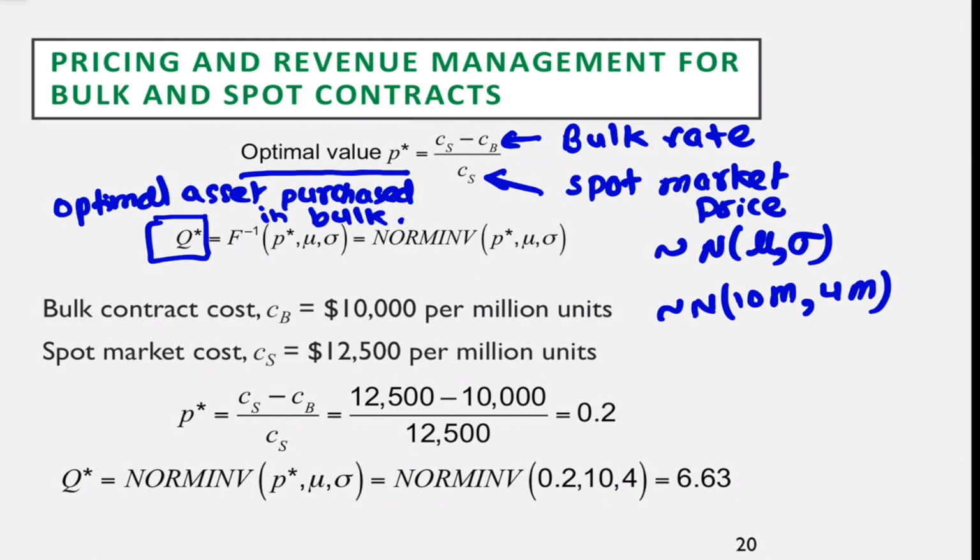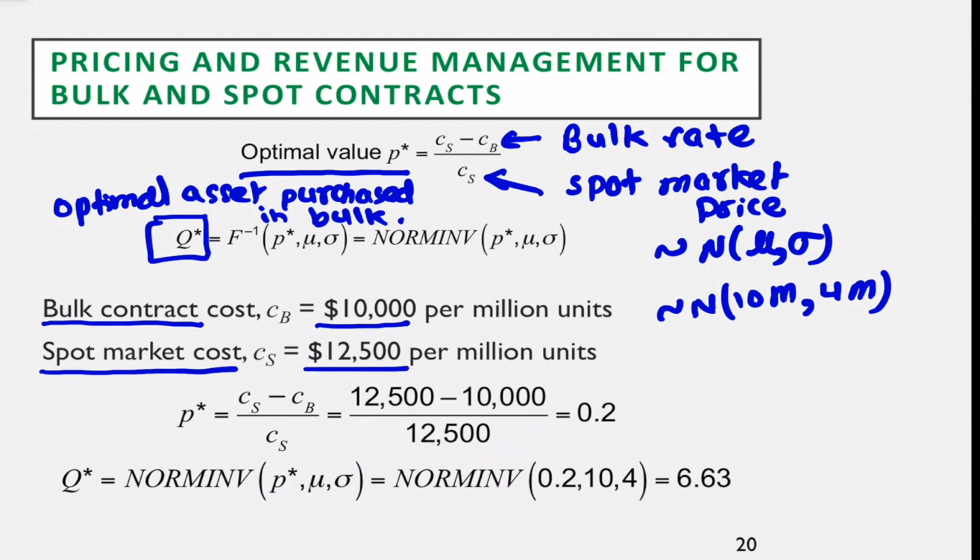Now this manufacturer has to make a decision on what portfolio of transportation contracts they should have. A bulk contract will cost $10,000 per million units and the spot market cost is higher, which is $12,500. So the question is, how much transportation capacity should the manufacturer sign a long-term bulk contract for?